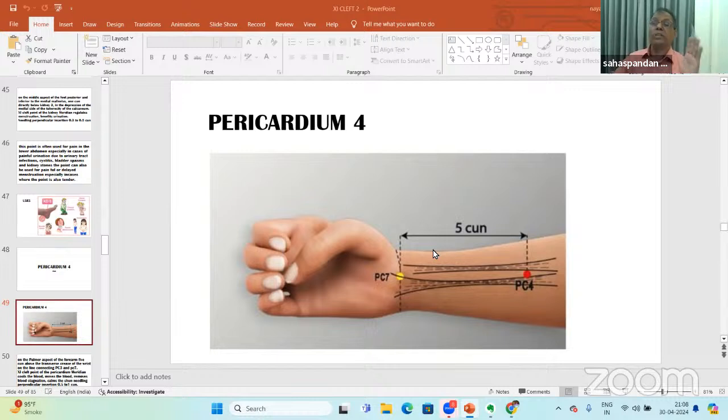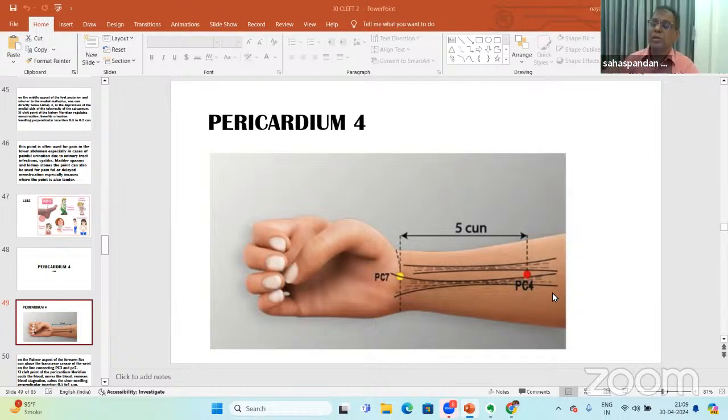This cools the blood. Move the blood. Remove blood stagnation, and calm the shen. It increases peace in our mind.